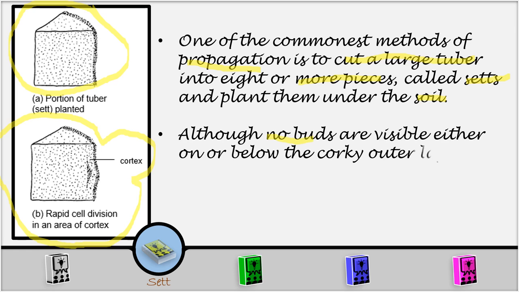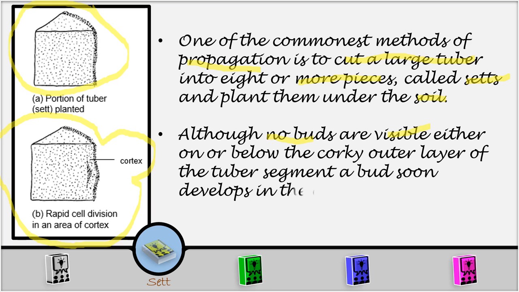Although no buds are visible either on or below the outer layer of the tuber segments, a bud soon develops in the cortex. As you can see here, there is a bud developing in the cortex.